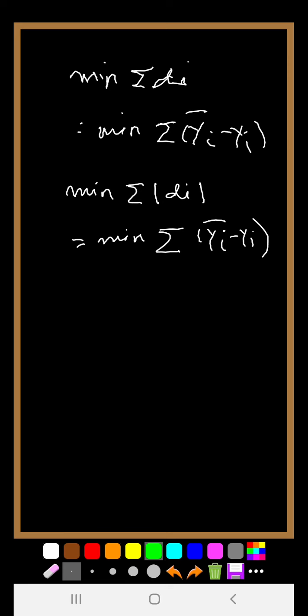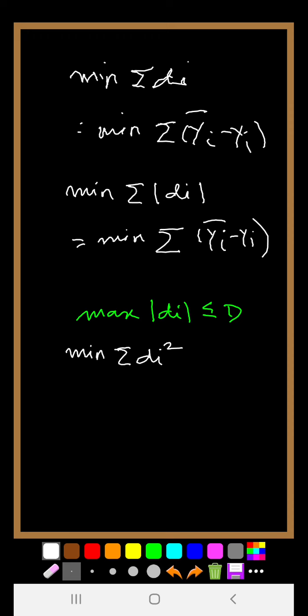Now the maximum value of this error should be less than or equal to a value d, and the minimum of the summation of di square will be equal to the minimum of the summation of yi bar minus yi, whole square.